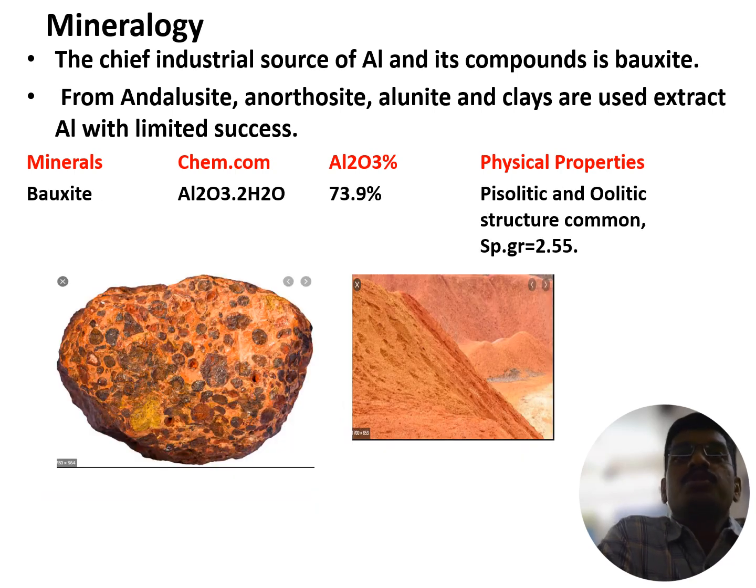The next important ore mineral of aluminium is bauxite. Here also the chemical composition is Al2O3.2H2O. The aluminium concentration from bauxite is around 73.9%. About the physical properties of bauxite: it is pisolitic and oolitic in nature, the structures are common, and the specific gravity is around 2.55.